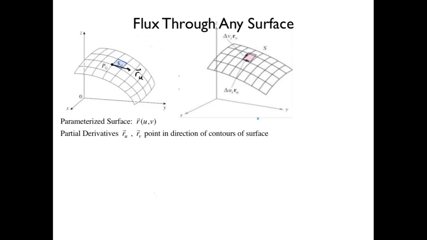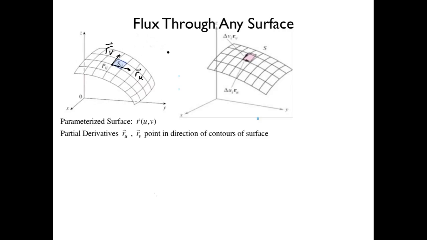And then similarly, holding u fixed and taking the derivative, we get the tangent in the direction of changing v and fixed u, right? So the partial derivatives ru and rv point in the direction of the contours on the surface. And that's the same direction that these little elements are formed out of, right?